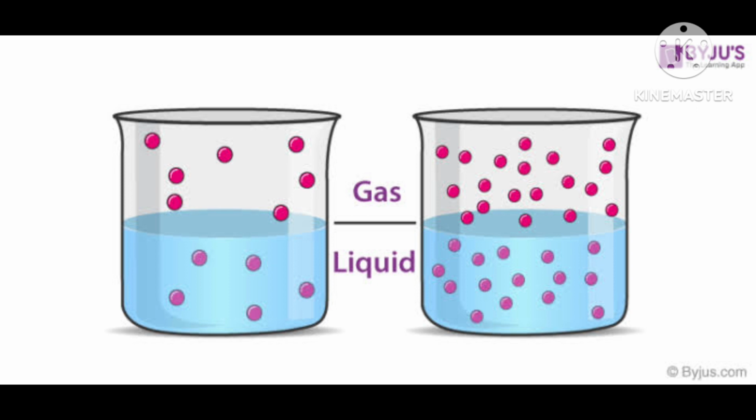Finally, after putting all the things together, you get: molecular weight M2 is equal to W2 into RT divided by pi into V. Here M2 means molecular mass, and pi is the osmotic pressure.